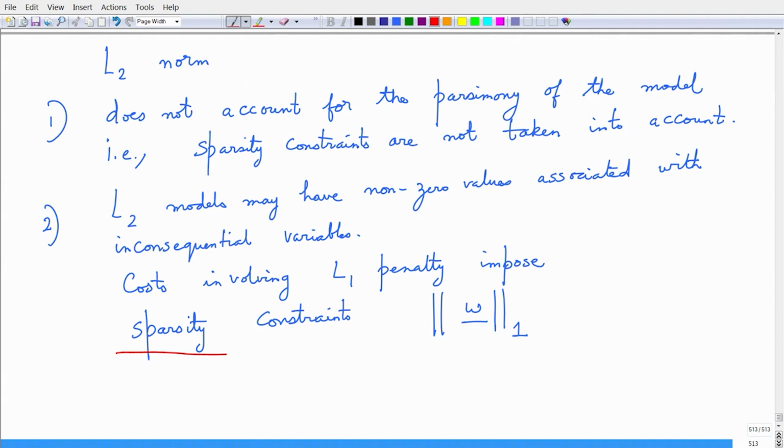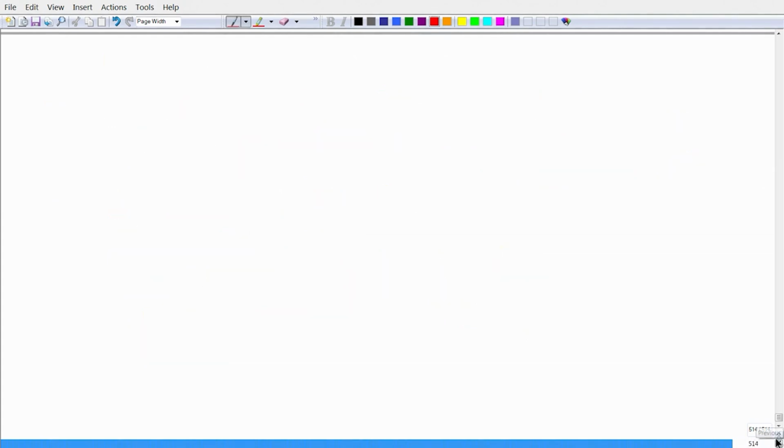So in that sense, if the data matrix X has irrelevant features, right. So if the data matrix capital X, which is the n by k matrix, I have n data points and the dimension of each data point is k.